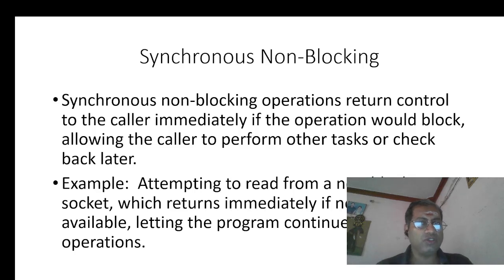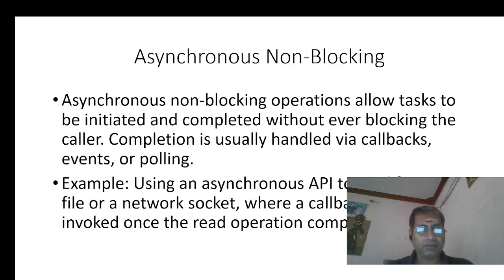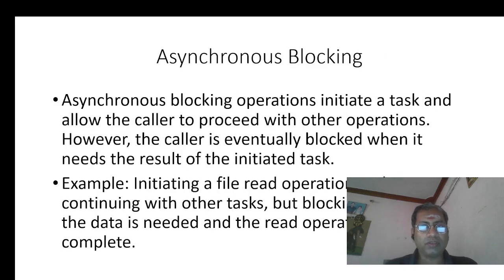What is synchronous non-blocking? Synchronous non-blocking operations return control to the caller immediately if the operation would block, allowing the caller to perform other tasks or check back at a later time. Example, attempting to read from a non-blocking socket which returns immediately if no data is available, letting the program continue other operations.